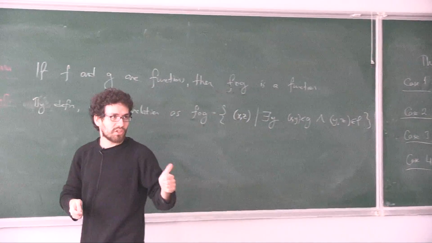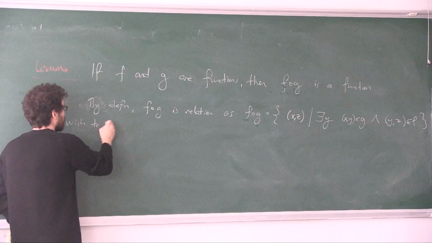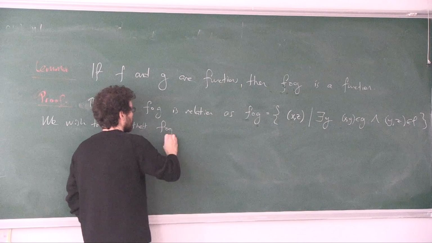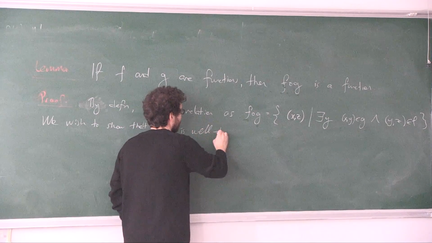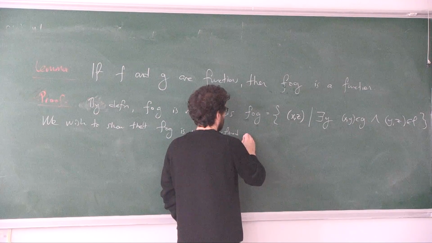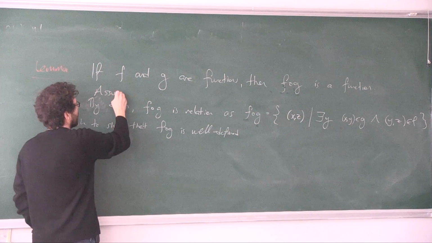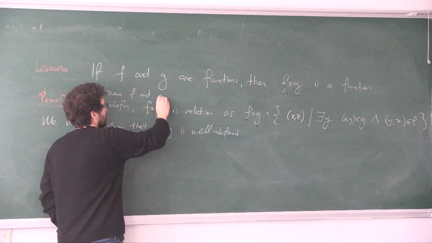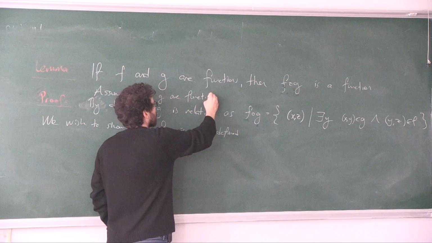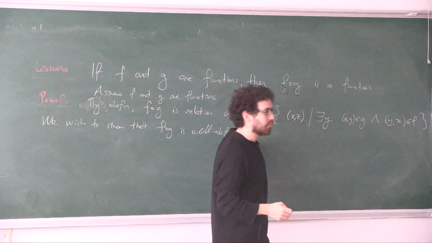Now I need to check that this relation is well defined. We wish to show that this is well defined. So I need to assume that f and g are functions, obviously, otherwise it's not going to be true. How do I show that a relation is well defined?